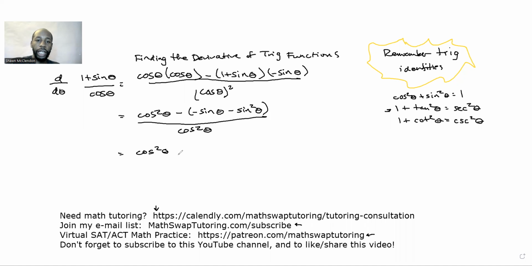Now let's distribute the negative, so that's going to be plus sine theta plus sine squared theta over cosine squared theta. Now look, you got a cosine squared and a plus sine squared over here. Trig identity. So this plus this is going to be 1. And you'll still have that plus sine theta up there. So this becomes 1 plus sine theta over cosine squared theta.